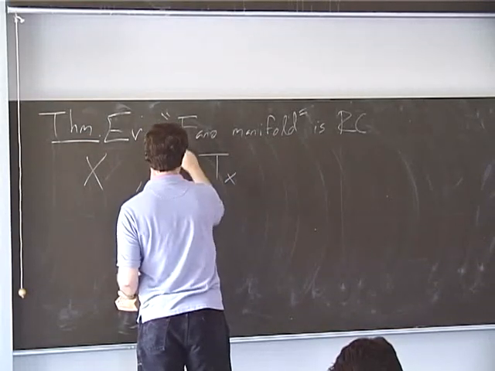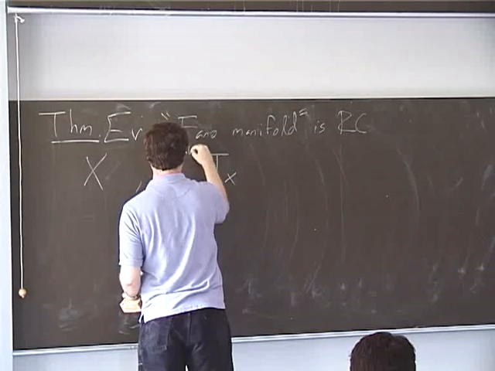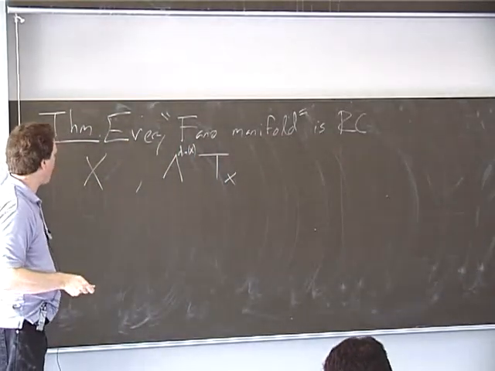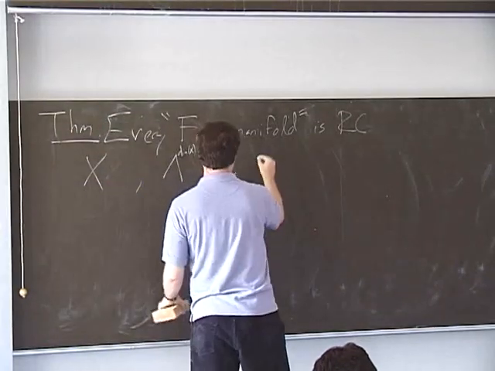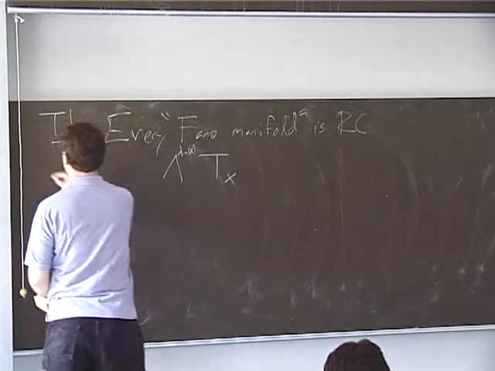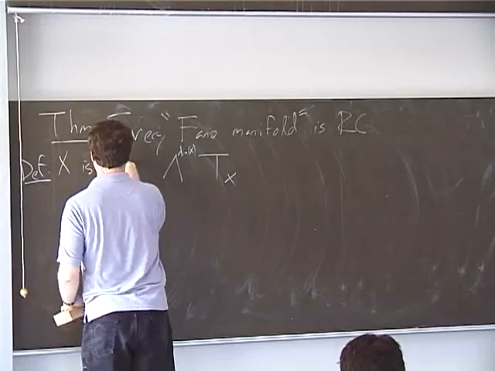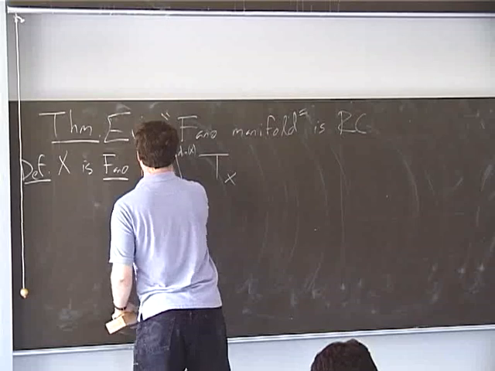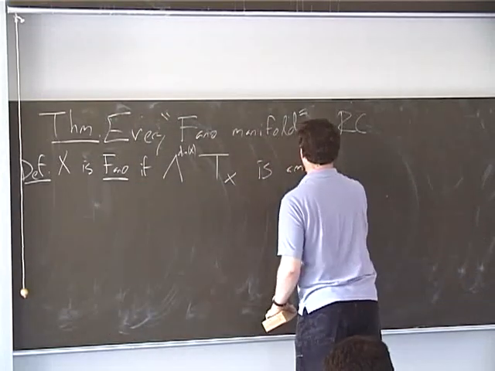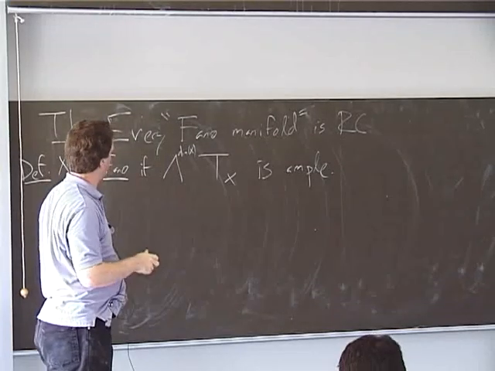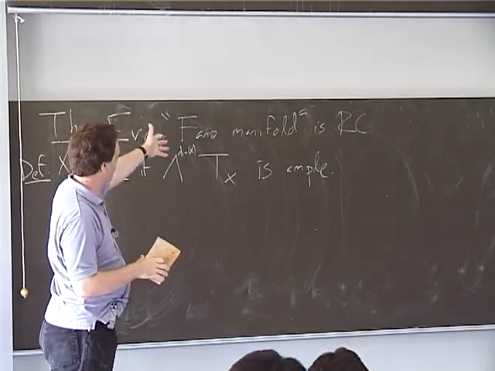So we take the top exterior power. So this is now a line bundle, an invertible sheaf on X, and the condition is that this is ample. So X is Fano if this guy is ample. And then what Kollár, Miyaoka, Mori, and Campana proved is that every Fano manifold is rationally connected.